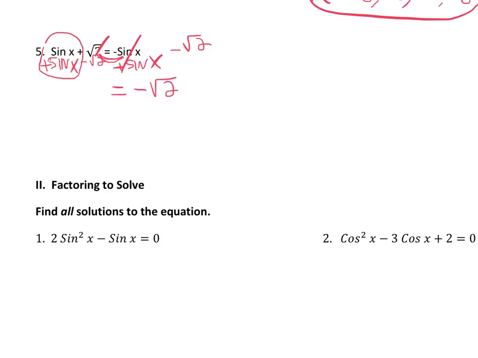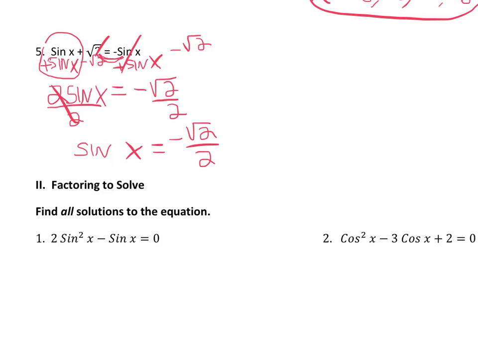Sine of x plus sine of x is 2 sine of x. It's not sine squared, because you're not multiplying them, you're adding them. Then to get sine of x by itself, last thing, you divide by 2. And it should look familiar: sine of x equals negative root 2 over 2.